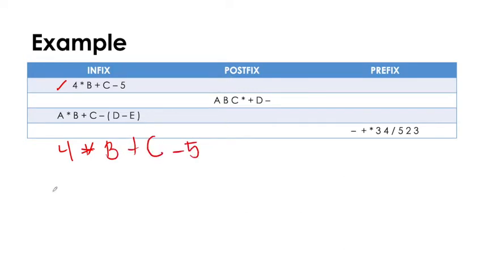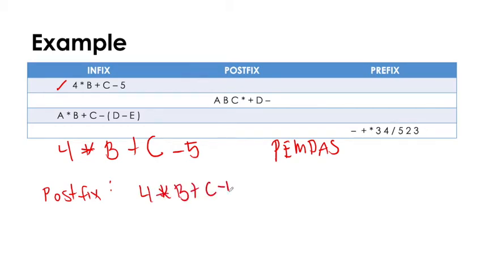So we first have to solve the postfix. My technique with that is to use operator precedence and the use of parentheses. We'll be using the PEMDAS method. This will be the operator precedence. So let's say 4 times b plus c minus 5. Since there's a multiplication here, we'll enclose it in parentheses, and then this will be the next one, and this is the last one.